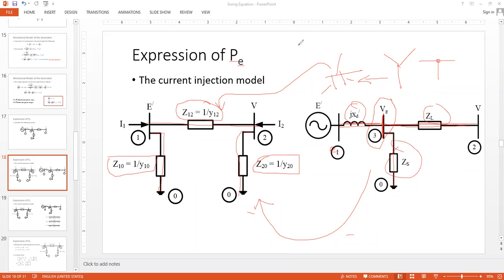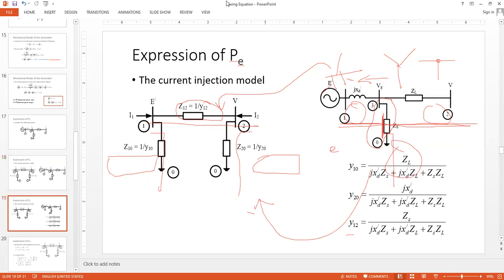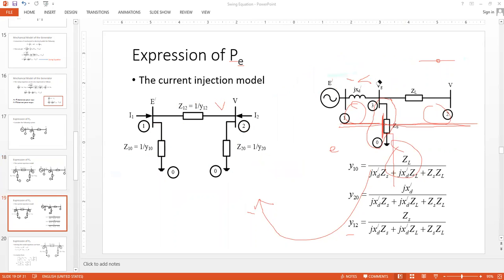So you do the Y to delta conversion, or from Y to pi, whatever you say. You do the conversion, and here are some formulas to help you out. When you apply this, remember, these are impedances: ZL, ZS, JXD.